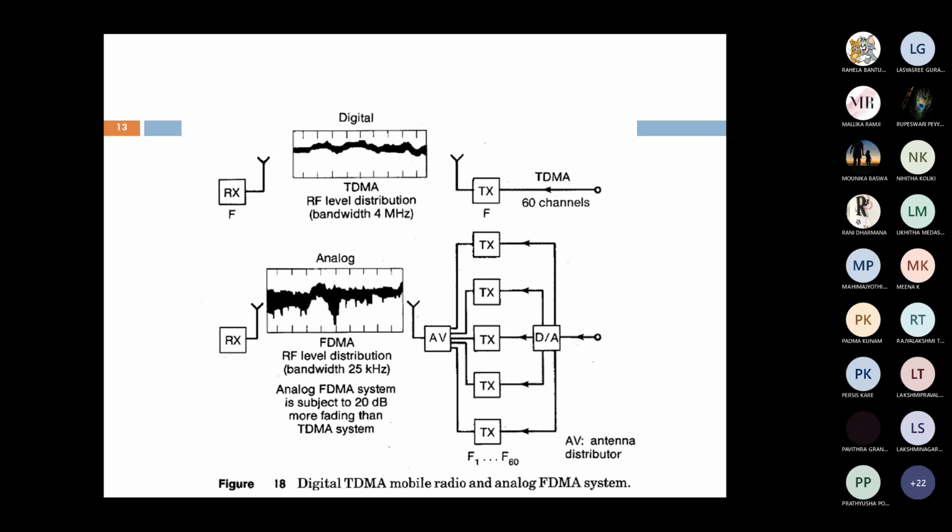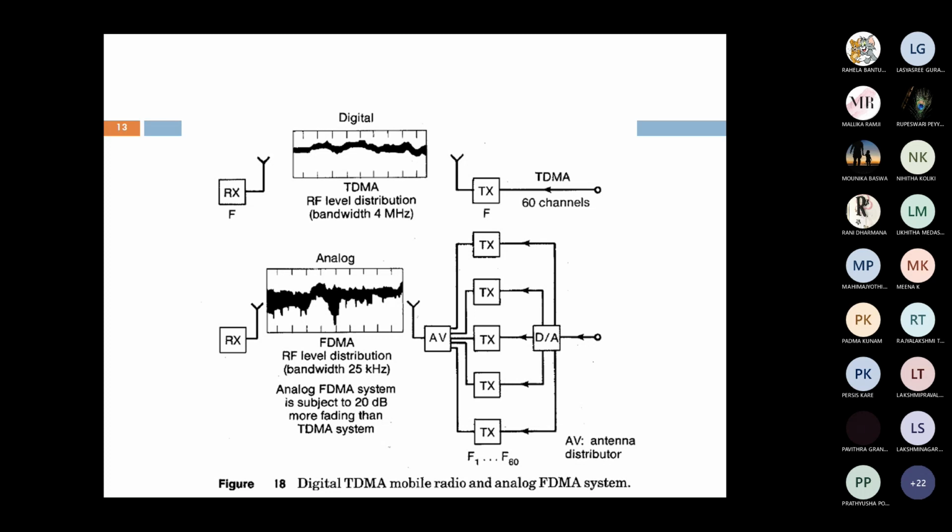The input is 60 channels, total digital, with 4 megahertz bandwidth available. 60 subscribers are used with the same frequency for different time slots, and we are using only a single transmitter antenna for transmission of all 60 channels of data to a common channel with a bandwidth of 4 megahertz.